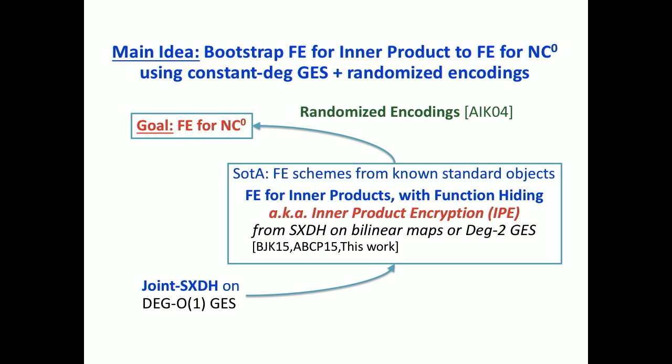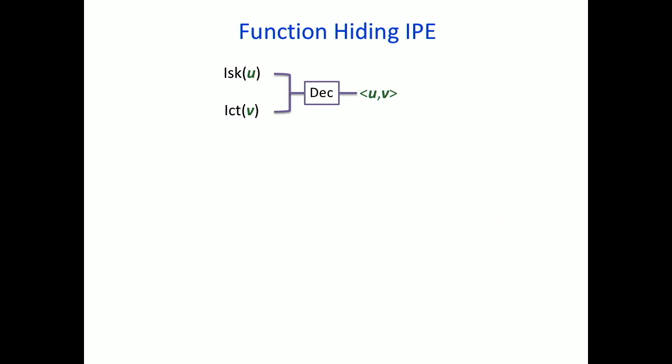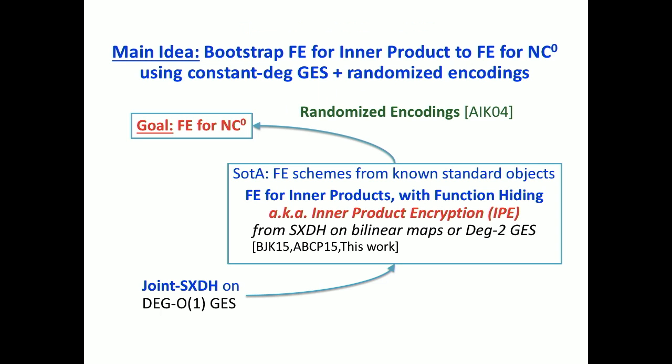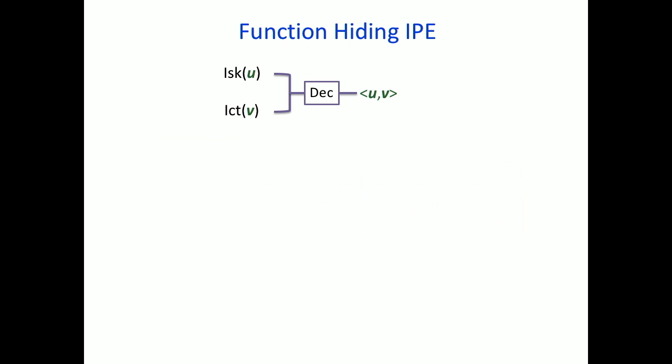So the main idea is to try to bootstrap FE for inner product to FE for NC0 using this constant degree graded encoding, as well as another tool called randomized encodings. Okay? So let me tell you about those two tools. One is the IPE, the other is the randomized encoding.